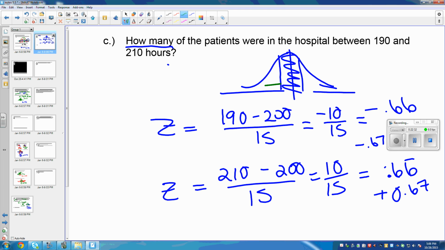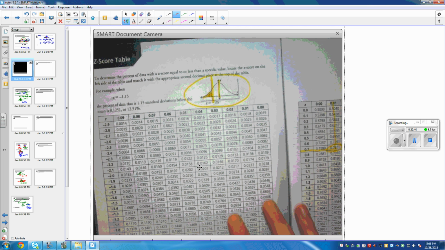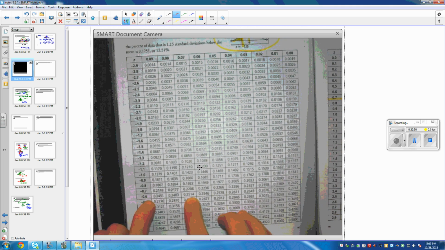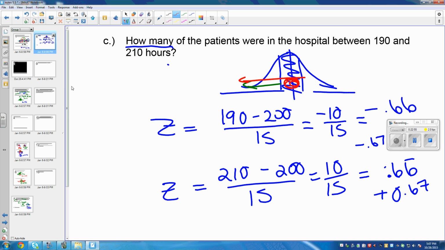So going back to look at our z-scores, negative 0.67 is right here, 0.2514. That's actually this z-score, right? 0.2514.